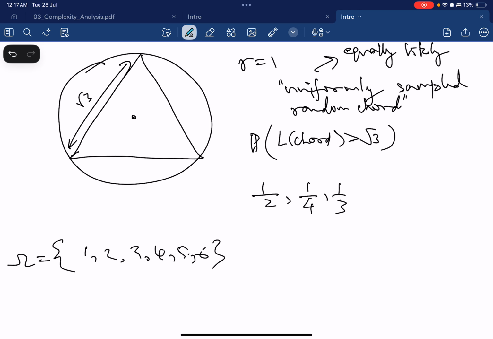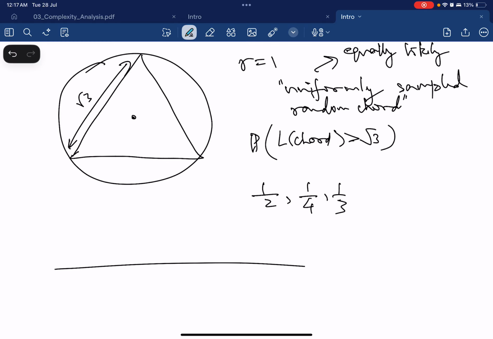But think about a slightly harder question: what if this sample space omega is not a discrete thing? Not only is it not discrete, it's not even countably finite. You can't even enumerate everything like natural numbers. For example, let's say 0 to 1.